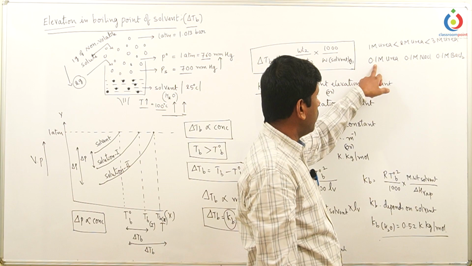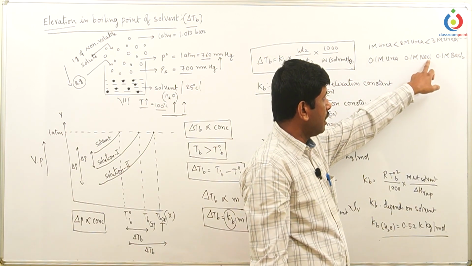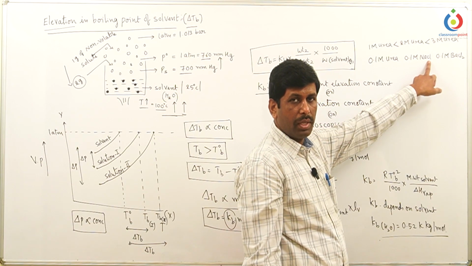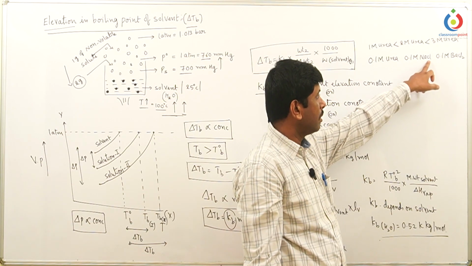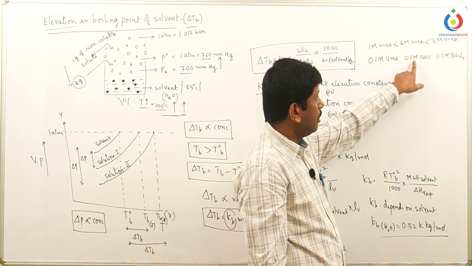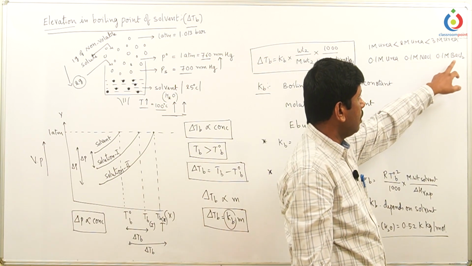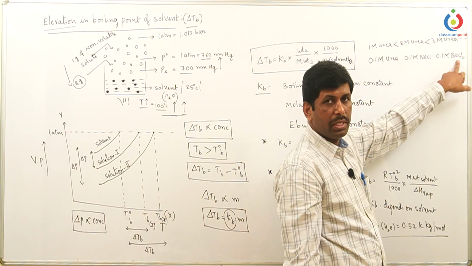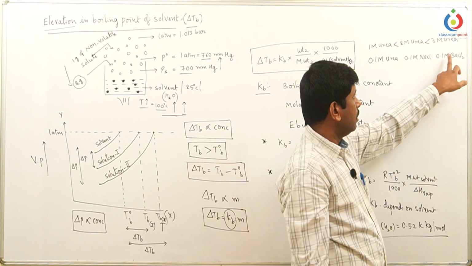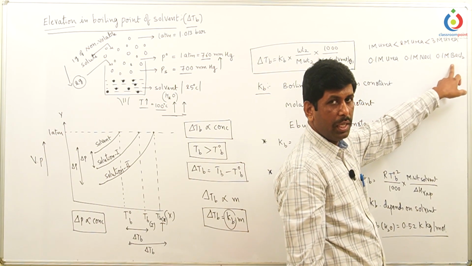So 1 into 0.1 means the particle concentration is 0.1. NaCl can produce two ions, Na plus and Cl minus. So number of ions into concentration gives the particle concentration. So 0.1 into 2 equals 0.2. Here BaCl2 can produce 3 ions, one Ba2 plus ion and 2 Cl minus ions. So given concentration 0.1 into 3 equals 0.3.